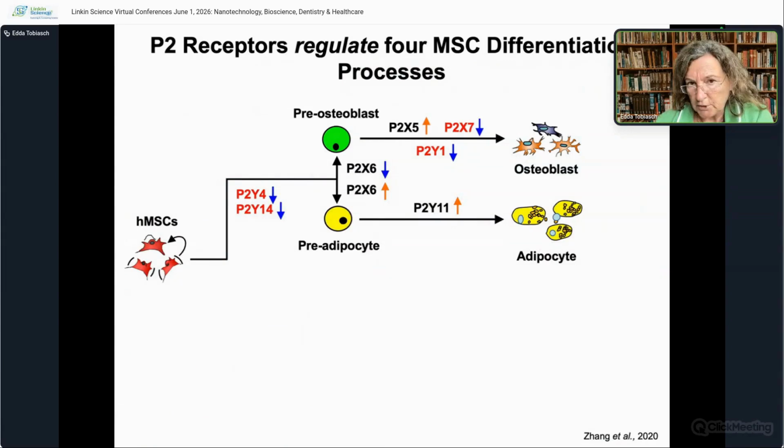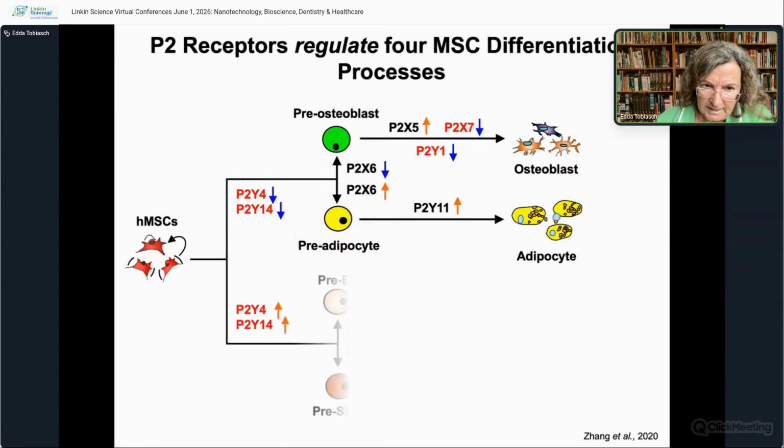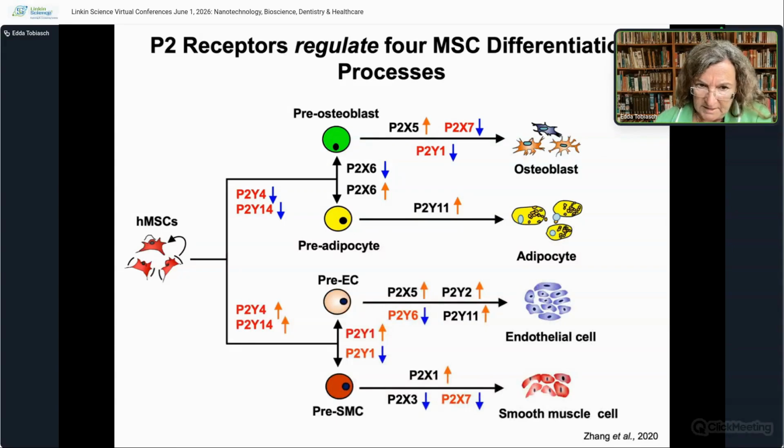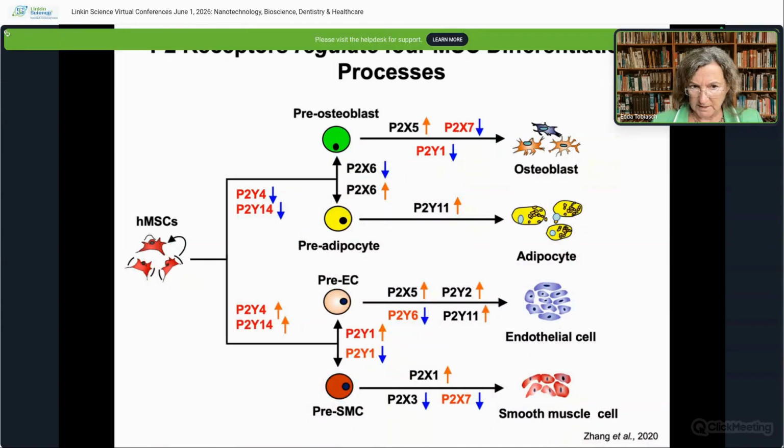I already showed you the upper part of our suggestion of how purinergic receptors play a role in the differentiation process. I can now add the two other lineages. We have one pair of purinergic receptors, P2Y4 and P2Y14, where the downregulation pushes the cells towards the osteo and adipogenic fate, and the upregulation of the same pair pushes the cells towards endothelial and smooth muscle cells.